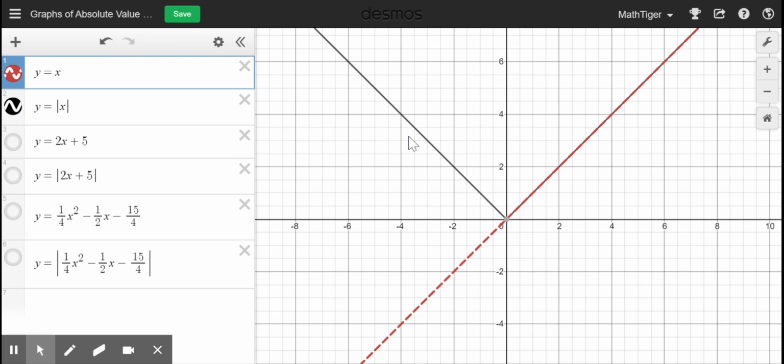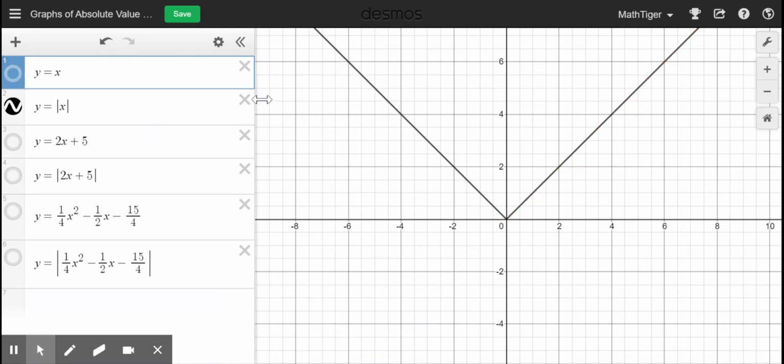So if we graph this on the same graph as y equals the absolute value of x, you can see that where the graph of y equals x was already positive, so had a y value greater than 0, nothing changed. But where it had a y value that was less than 0, this gets reflected in the x-axis, and now this graph has a positive value of y instead of a negative value of y.